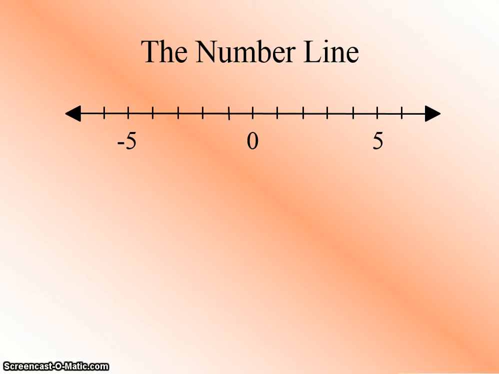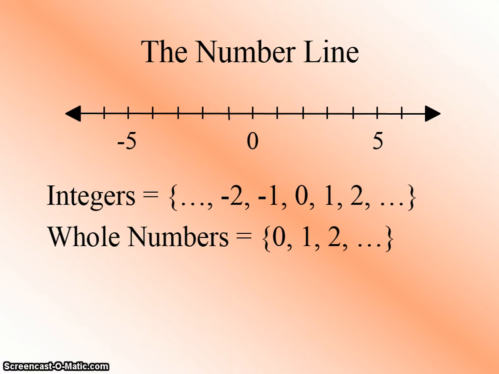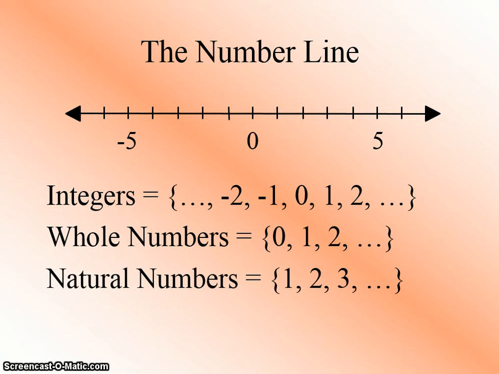Okay, on a number line, we need to understand there are different number systems involved. Integers would be all your negatives and your positives, including 0. Okay, whole numbers would be 0, 1, 2, 3, 4, 5, and so on. But you do include 0 when you're talking whole numbers. And the last one we're going to talk about right now is natural numbers.